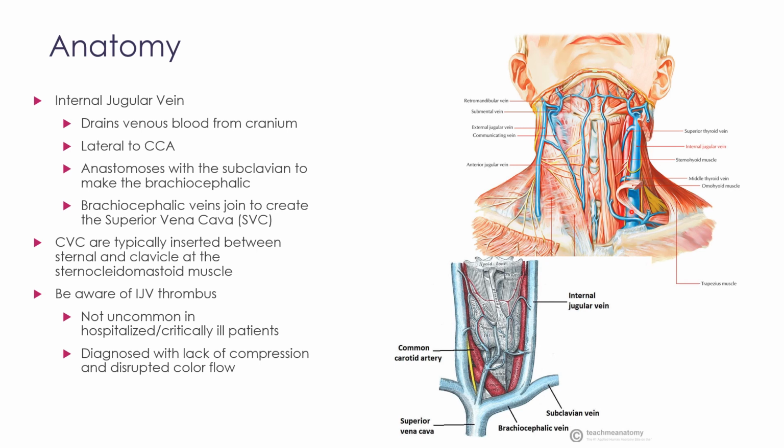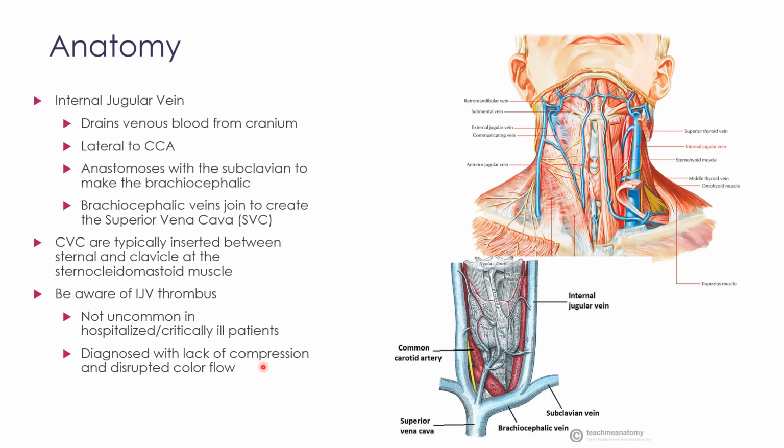And so because of that, when assessing for where the practitioner wants to place the catheter, it's going to be really important that part of that assessment is looking for any type of thrombus that may exist. So thrombus, again, not uncommon in critically ill patients. We can diagnose that like we would any other thrombus in the body from a lack of compression of the vein and from disrupted blood flow.